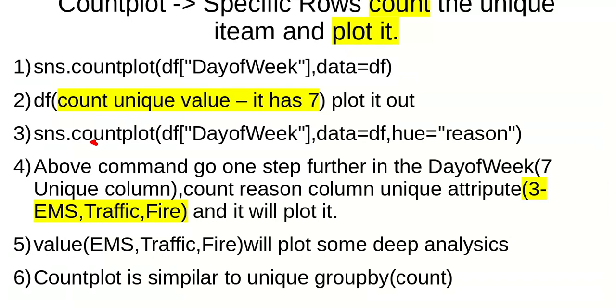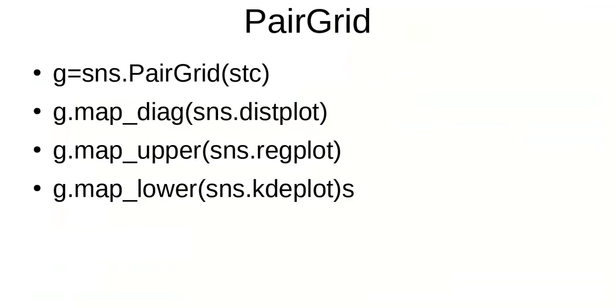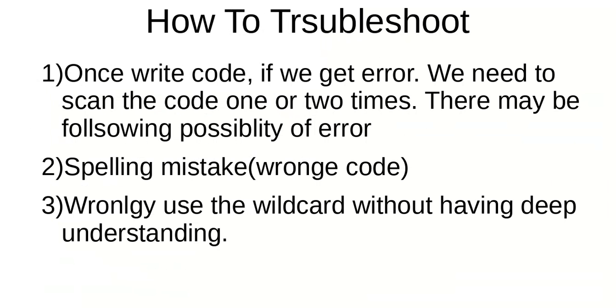And the target in this is how to troubleshoot the code, because this is also something I learned. Once you write code, if you get an error, we need to scan the code one or two times. There may be the following possible errors: spelling mistake, wrong code, wrong characters, wrongly using the wildcard without deep knowledge.